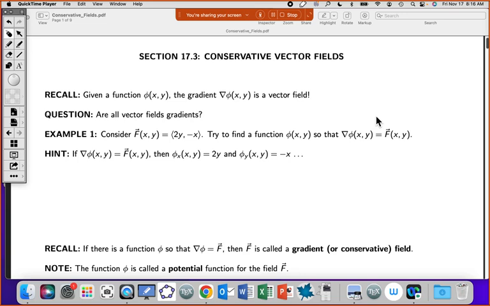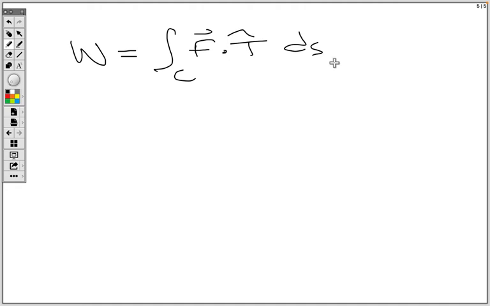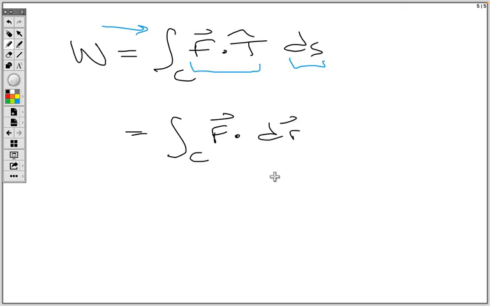And so we have that from 16.2. Work or circulation, we could express the integral: we'd look at F dot T hat ds. How much force is in the direction you're going times the distance you've gone, and we add all that up. But then after we went through some of the algebra there, we could write this as F dot dr. That would be our work integral.